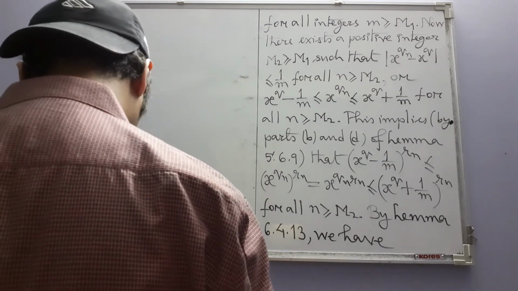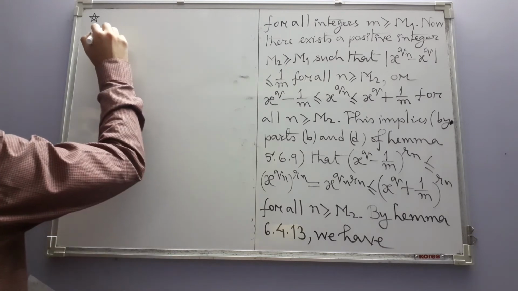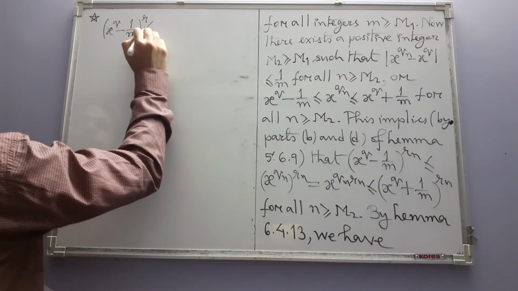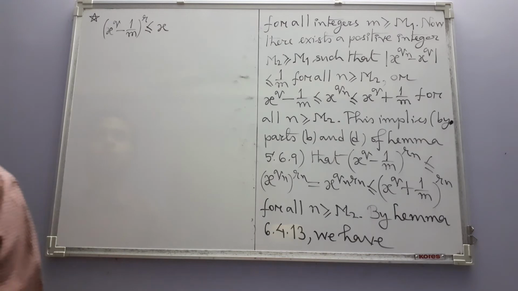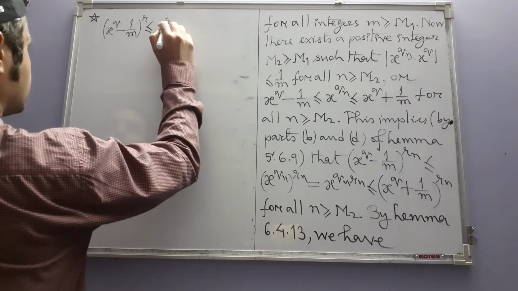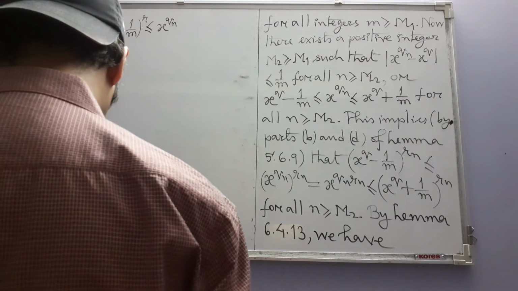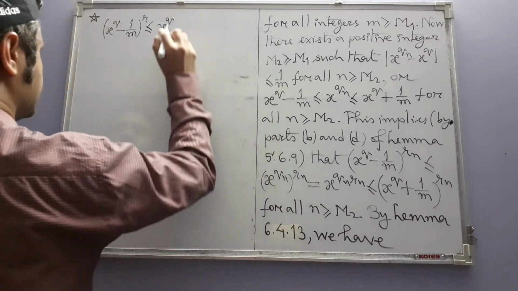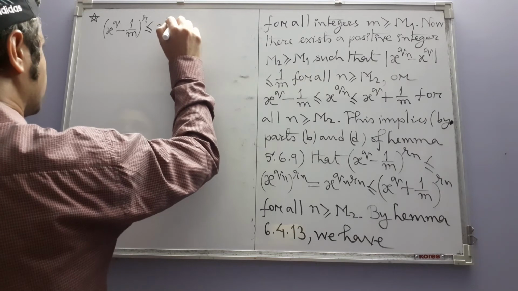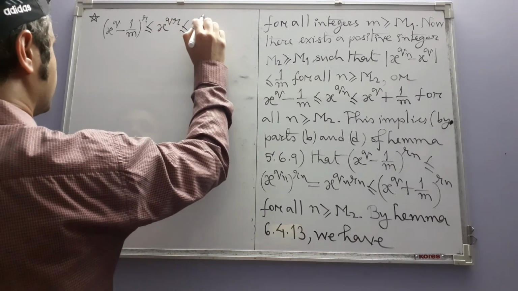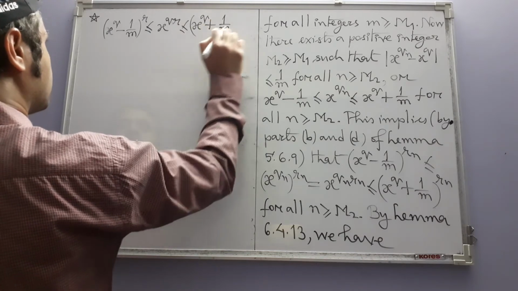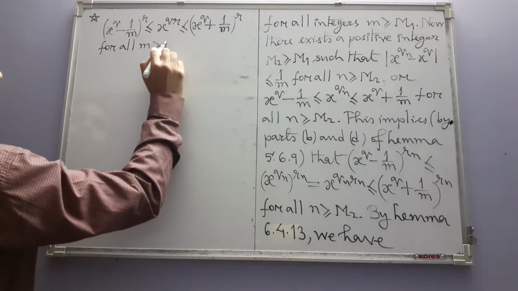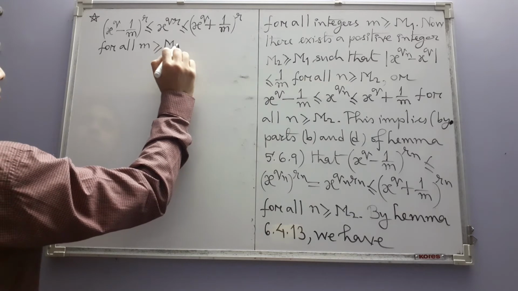Let me just write first what we have. We have x to the power q minus 1 over m whole to the power r is less than or equal to x to the power qn, so because we are changing n, we will at once have qr here, and that is less than or equal to r for all m greater than or equal to m1.